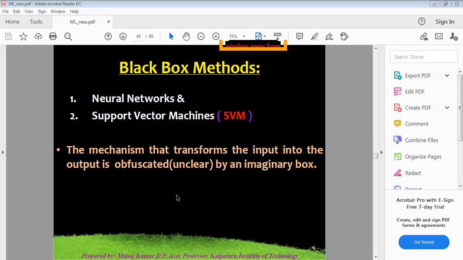You had the input X and the output Y, and you were predicting the Y. Now we transform the X into Y by an imaginary box. That's why we call them black box methods. There are two black box methods: one is neural network, the other one is support vector machine. In today's class we will get into the detail about the neural network.